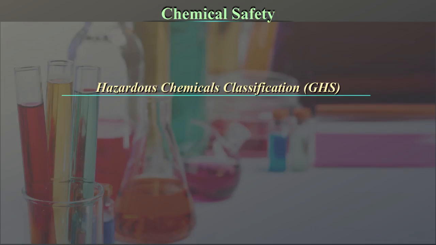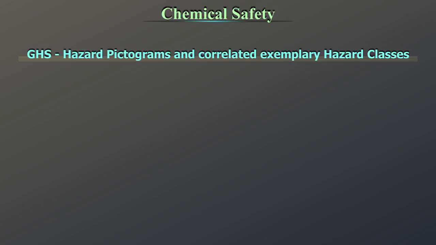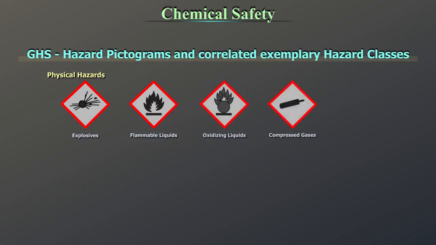Hazardous chemicals are classified under GHS. 3 main aspects of hazard are identified: physical, health, and environmental. GHS hazard pictograms and the correlated exemplary hazard classes. Physical hazards: explosives, flammable liquids, oxidizing liquids, compressed gases, corrosive to metals.